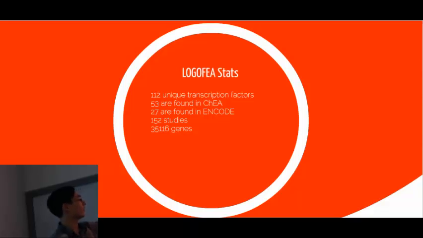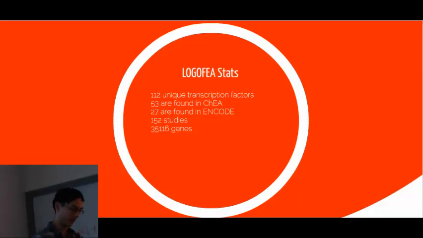And this gives you a sense of the overlap between my set and CHIA and my set and ENCODE, 5327, and then the total number of target genes that were present in the entire GMT. So that's enough about the end product.